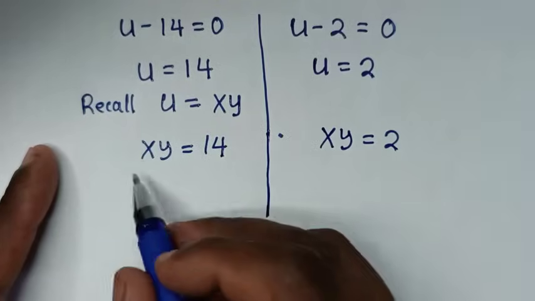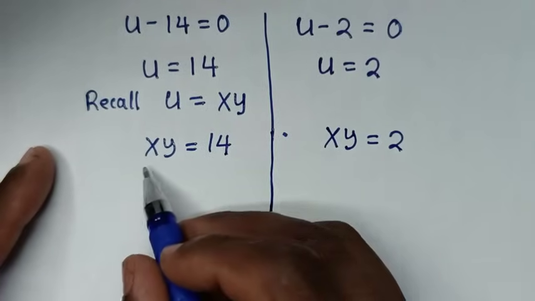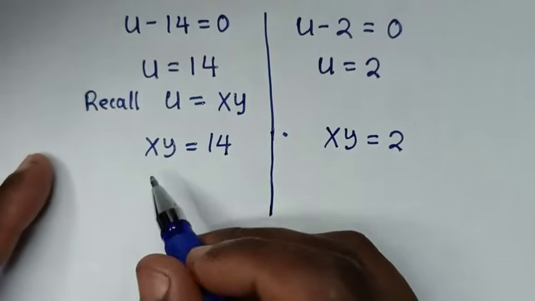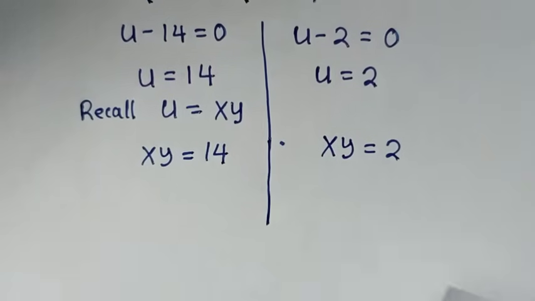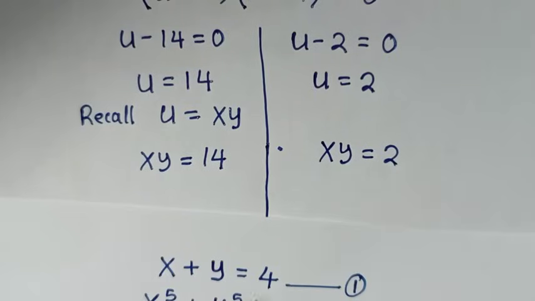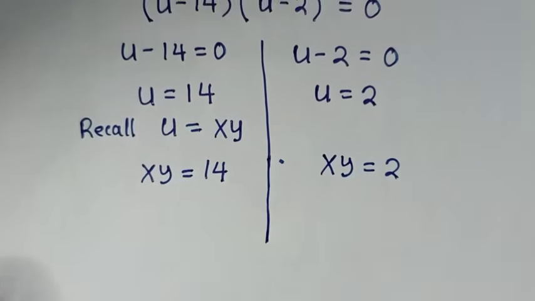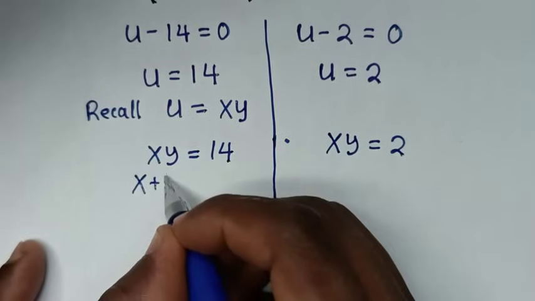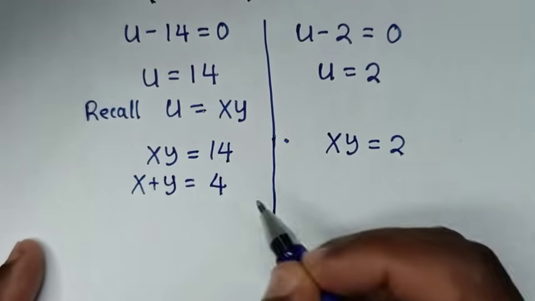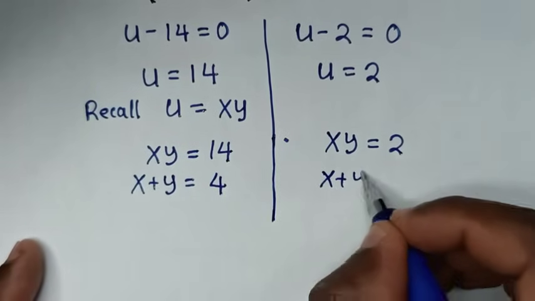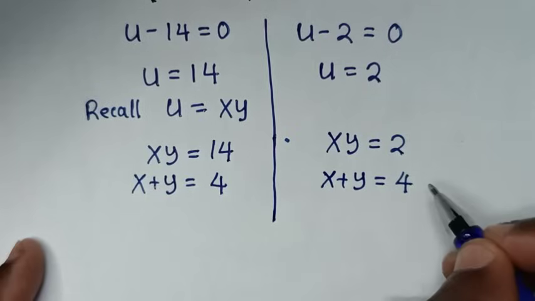Then by using this equation, we will compare with the first equation, where the first equation is x plus y is equal to 4. So in here, x plus y is equal to 4, and also in here, x plus y is equal to 4.